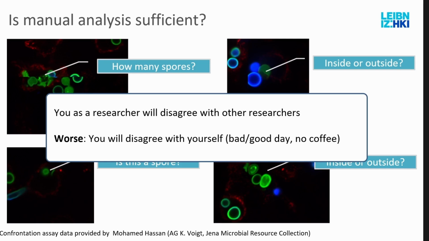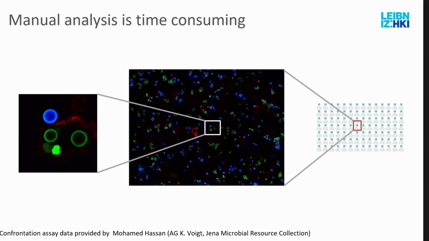So you ask your colleague, and they will probably produce another number. Or if you ask yourself the next day, or if you have a good day or a bad day versus the last time you counted, you might also produce a different number. Or if your screen is set up a bit differently, so the colors are a bit washed out, then you might also count it differently. And this is quite inconsistent.